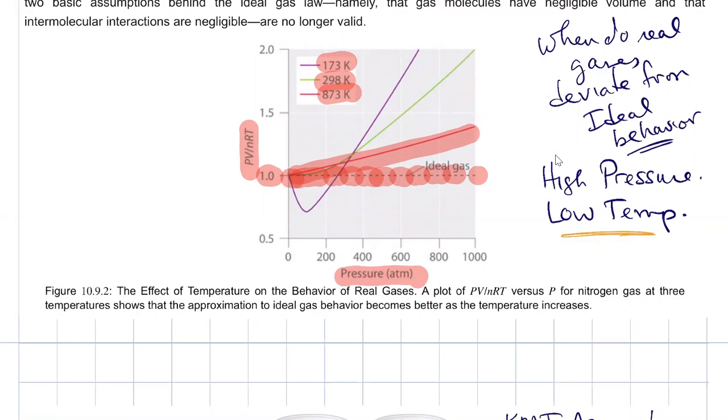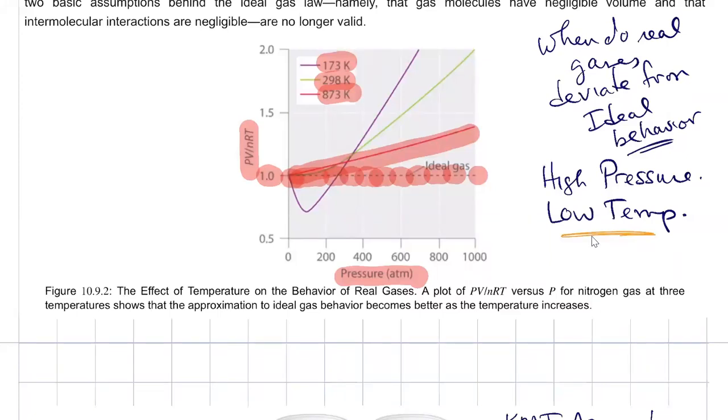So eventually their intermolecular forces can pull them together into a liquid state. And that creates problems, obviously, in terms of PV over nRT. You could also argue, looking at it the other way around, that under high temperatures, the particles have so much kinetic energy that they can easily overcome intermolecular forces, right?